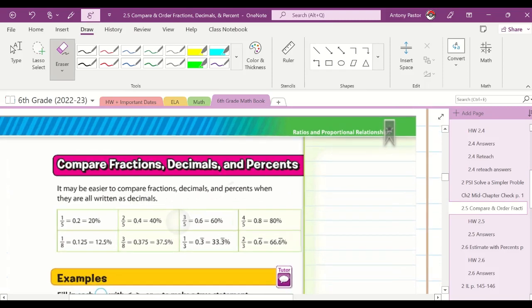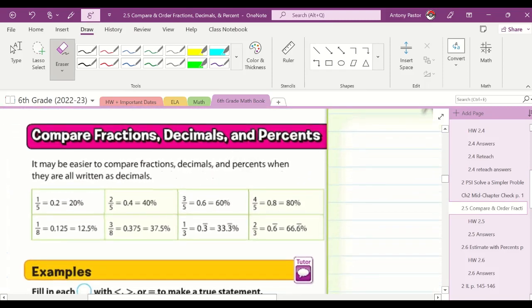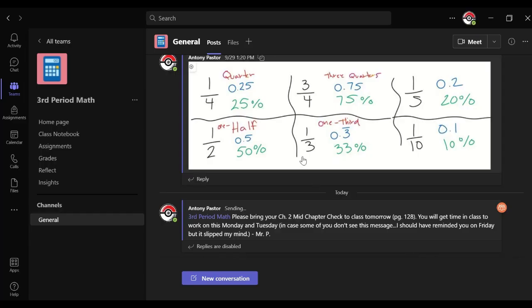Now we're going to be comparing fractions, decimals, and percents. Last week I made you write in your book some easy conversions. You can also find that on Teams if you did not write it in your notebook.